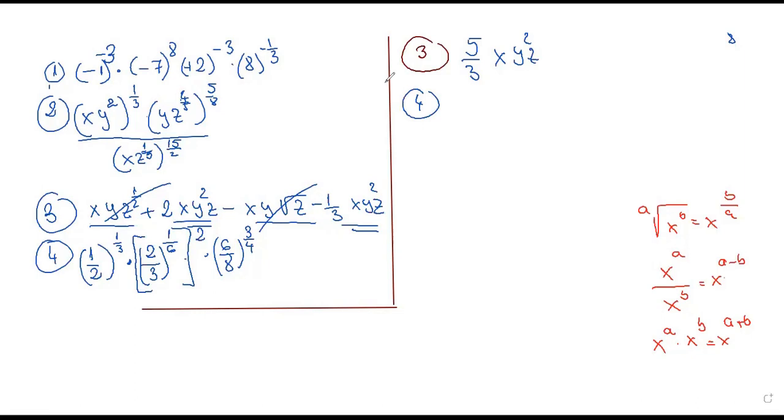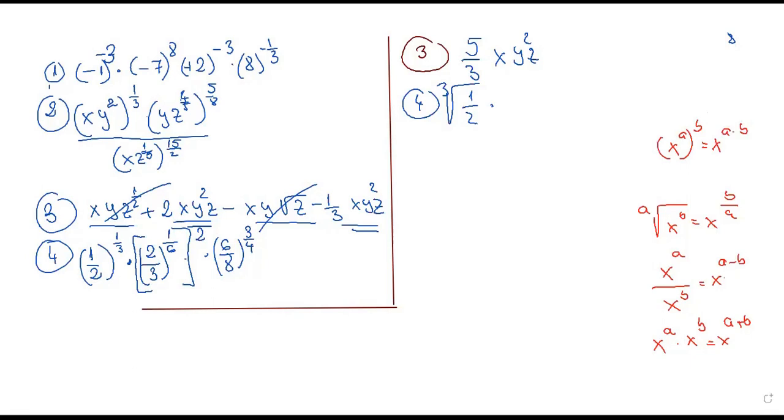So, cube root of 1 over 2 times... Do you know this rule? x to the power of a, to the power of b, is x to the power of a times b. So it's 1 over 3.